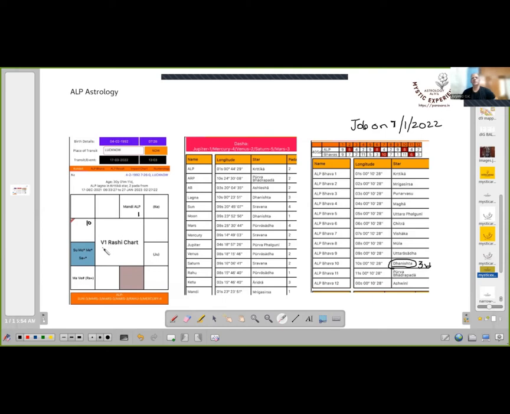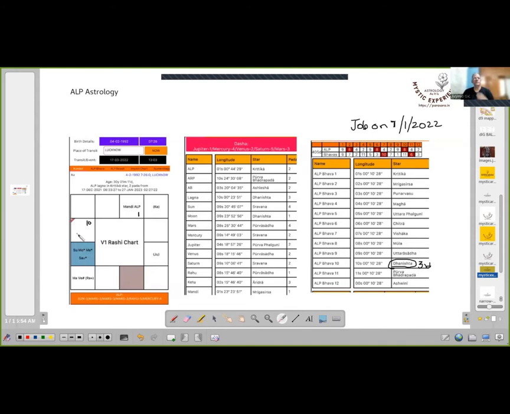Then we try to see what bhava the 10th lord is in. Here it is Dhanishta. When we take Dhanishta, we see where its lord is sitting. Dhanishta is Mars, and Mars is sitting in the 11th, which is good. In ALP we say 6, 8, 10, 12: if the position is there, it gives a negative effect.